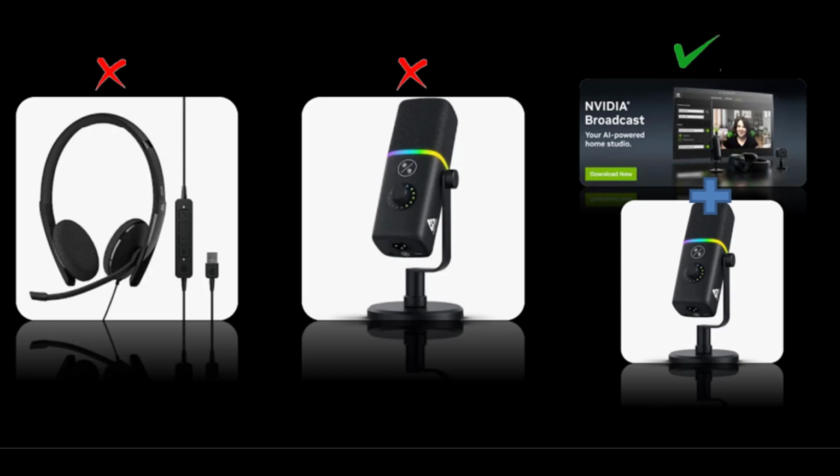It is reducing at least 99.9% of the background noise. Clearly, we could see that it has the upper hand compared to the individual headset as well as the microphone. So I would recommend, if you have the graphics card, that you download the display drivers along with the NVIDIA Broadcast, which will help you to completely eliminate the backend noise.